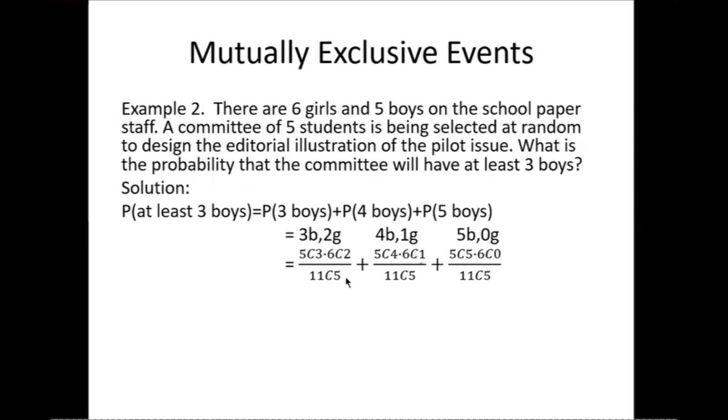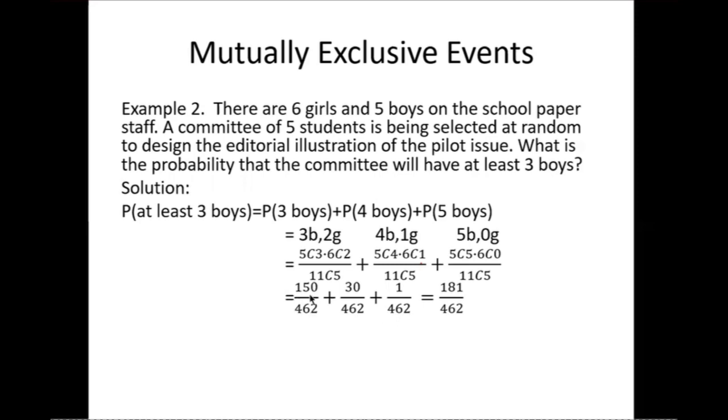Okay, so ito ngayon ang ating operation. Kapag kinuha natin ang 5 combination 3 times 6 combination 2, meron tayong 150. At ang 11 combination 5 naman ay 462. Then yung 5 combination 4 times 6 combination 1, that is 30 over 11 combination 5, 462. At yung 5 combination 5 times 6 combination 0, that is 1 over 462.